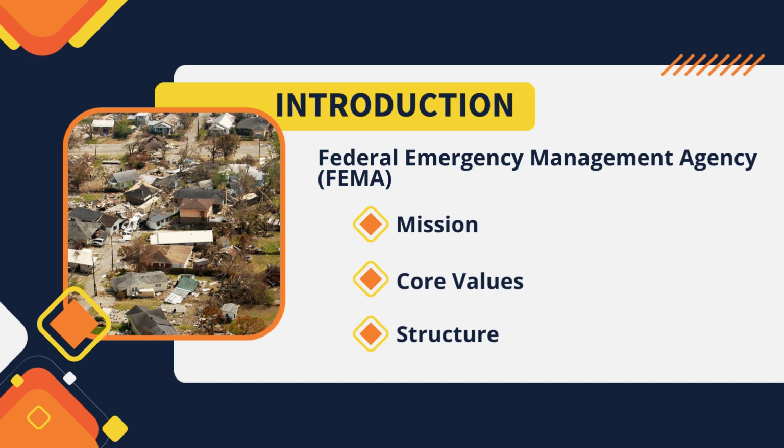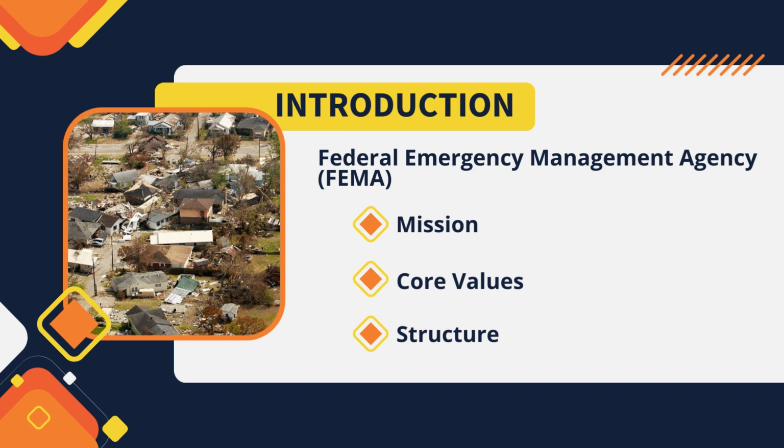FEMA was officially created in 1979 through an executive order by President Jimmy Carter. On March 1st, 2003, FEMA became part of the Department of Homeland Security. With headquarters in Washington, D.C., FEMA employs more than 20,000 people nationwide, with 10 regional offices located across the country.